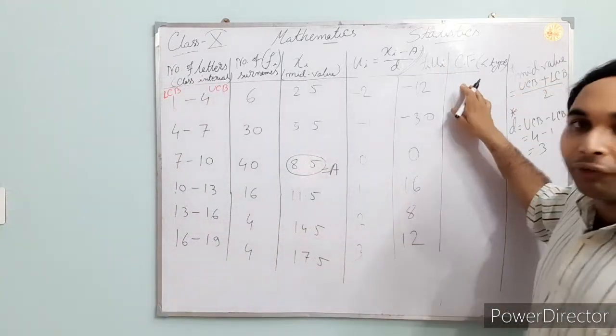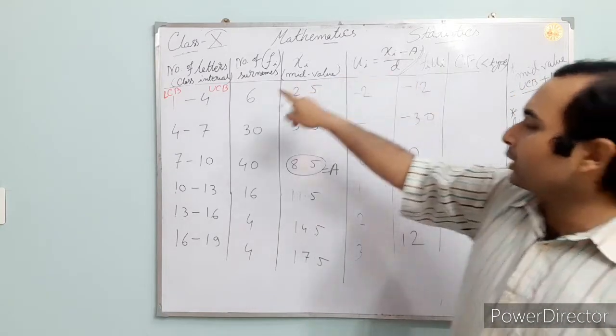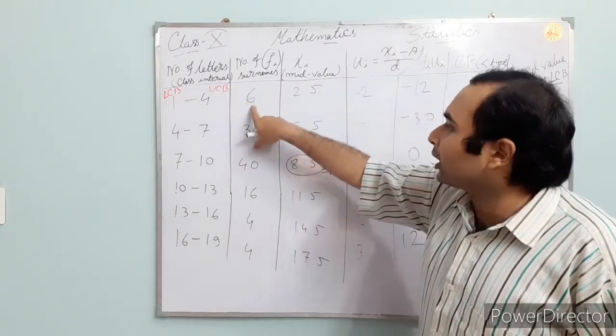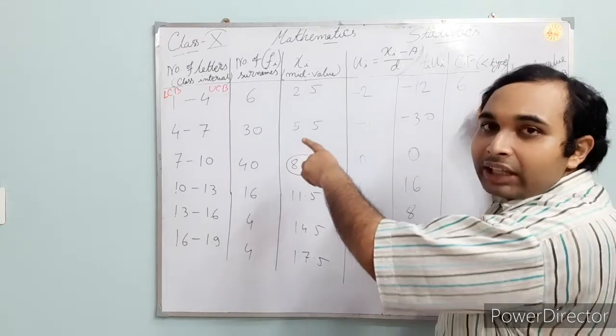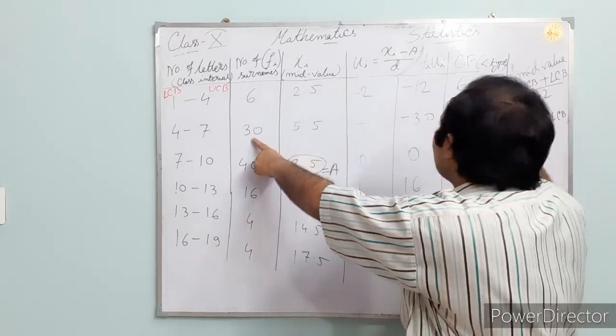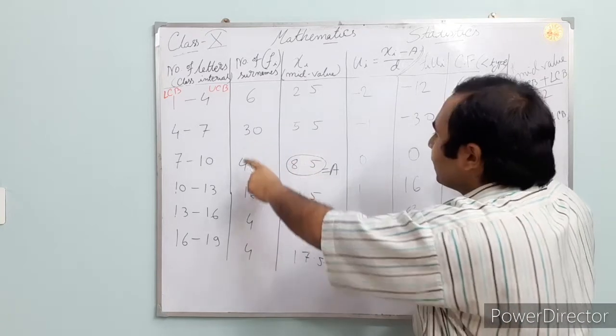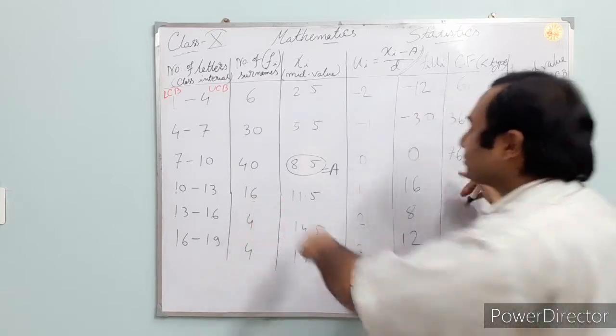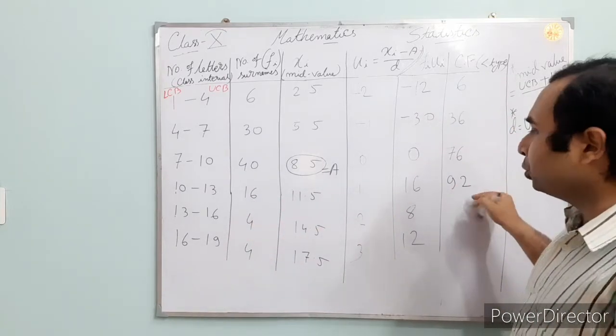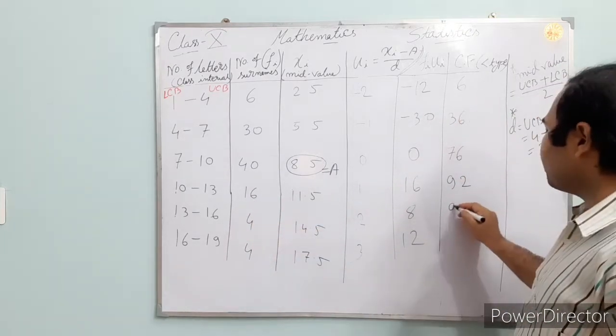So, CF, how to find the cumulative frequency? First, you have to put whatever the first frequency is here: 6. Then corner-wise addition. 6 plus 30, it is coming 36. 36 plus 40, it is coming 76. Then 76 plus 16, it is coming 92. 92 plus 4, it is coming 96.